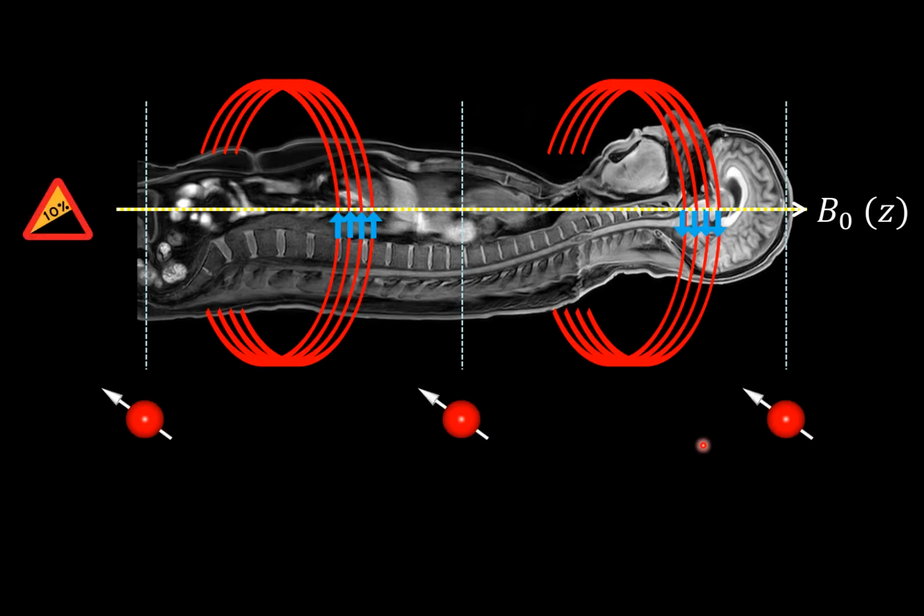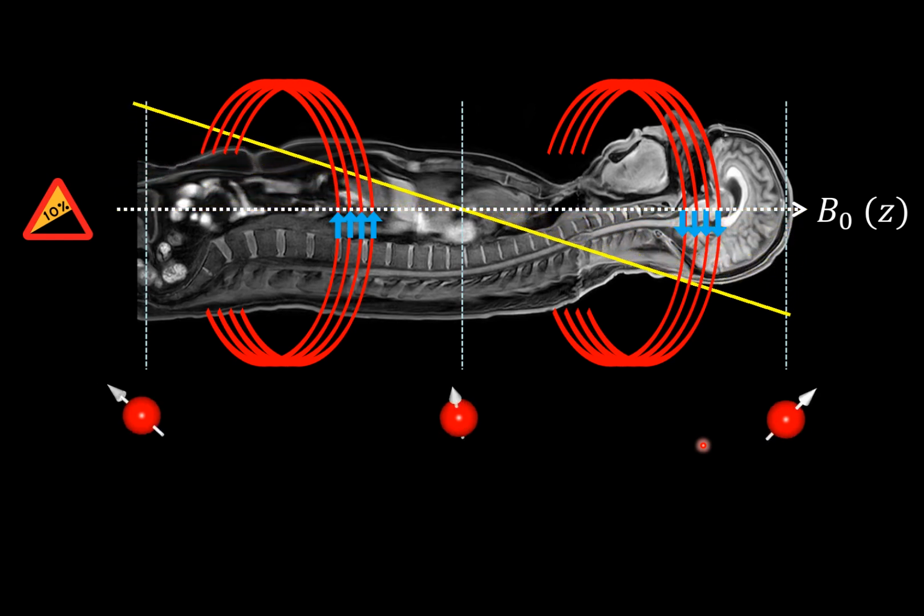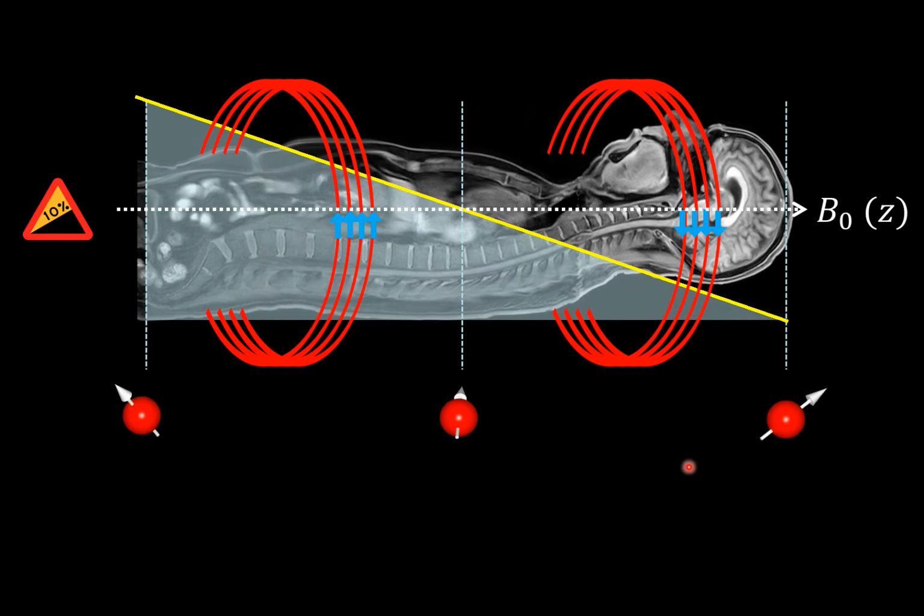If we now introduce a Z gradient using our Maxwell pair coils, we can see that the proton in the center is still precessing at the Larmor frequency, gamma times B0, but the proton to the left is precessing slightly slower, and the proton on the right is precessing slightly faster due to the presence of the gradient.